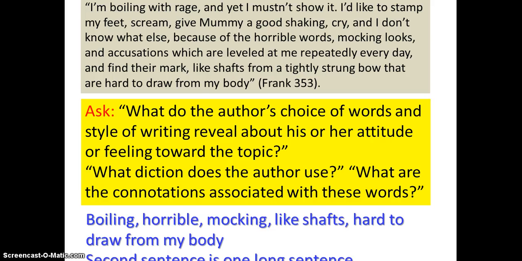And if you look at the second sentence, this gets into that syntax, okay? The style. The second sentence is one long sentence. And if you have a sentence that is one long sentence, it's like it can't stop. It goes on forever.